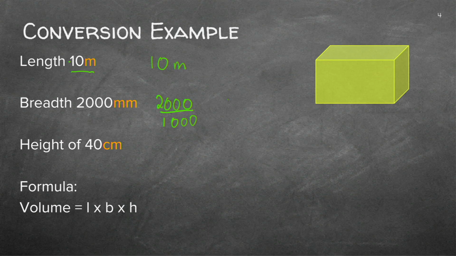Or you could have said 2,000 times 10 to the power of minus 3. In both cases, these are now in meters. And finally, they gave me the height, which is in centimeters. And again, I've got 40 centimeters, meaning I've got to divide by 100, or I could have said 40 times 10 to the minus 2. And again, I now have it in meters.